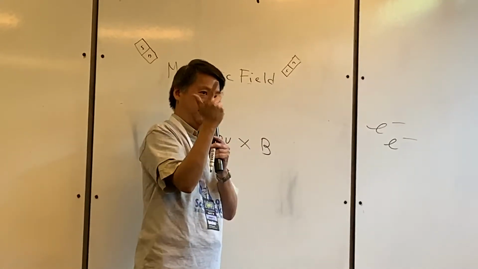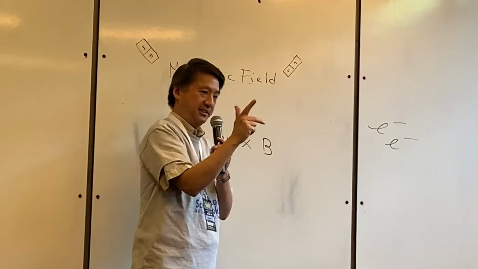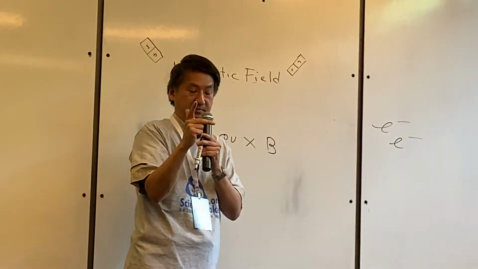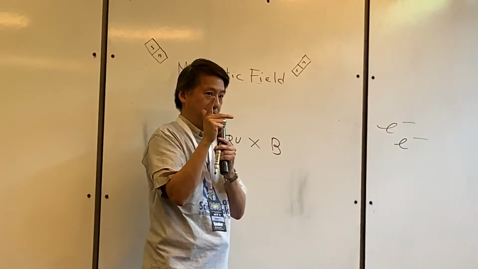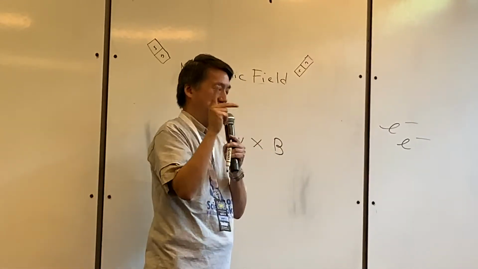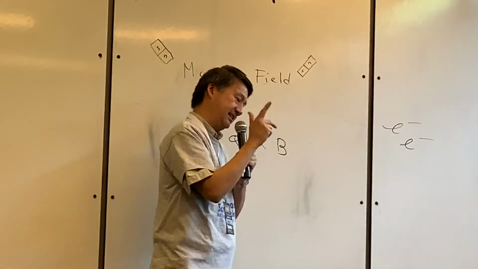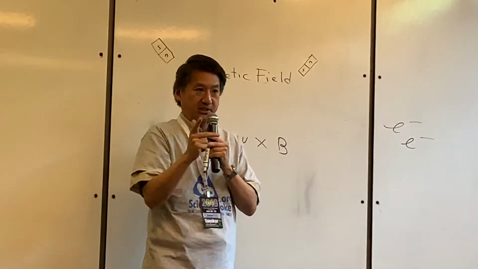You've got to do that crazy thing. The force is not in any direction that seems to have any relationship to where the particle is moving and where the field is, so you have to do this crazy thing to figure out what's going on.